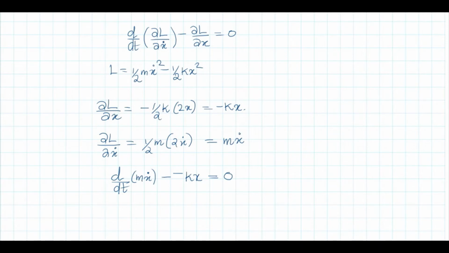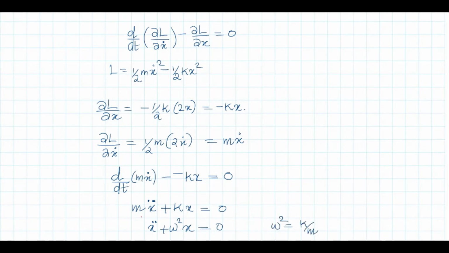Okay. So I can take m outside. For a non-relativistic case, m is constant. d by dt of x dot, you can write as x double dot or d square x by dt square. Double dot means second derivative. Plus kx equal to 0. Or x double dot plus omega square x equal to 0, where omega square is nothing but k by m.